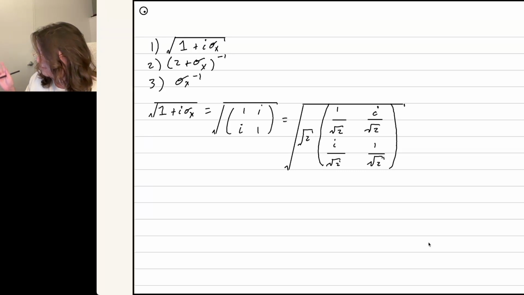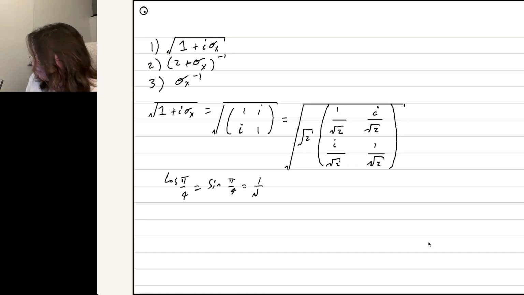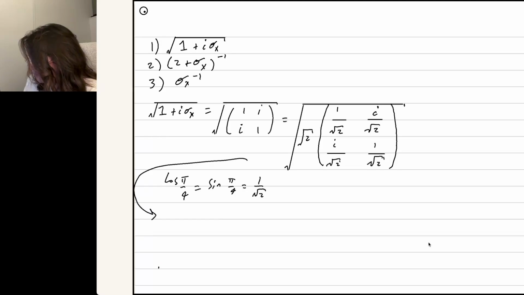So using that, cosine of pi fourths is equal to sine of pi fourths is equal to 1 over square root 2, we can rewrite the matrix as the square root of, I'm going to go ahead and pull out the square root 2, so it's 2 to the 1/4.